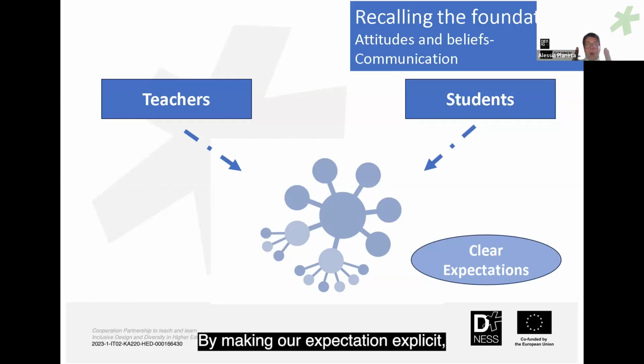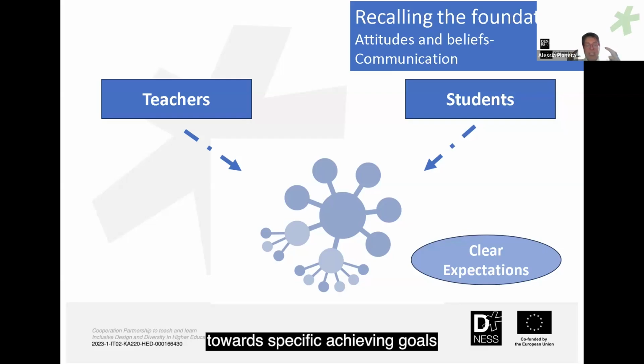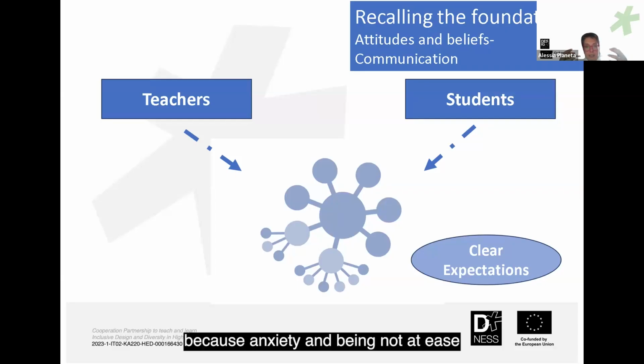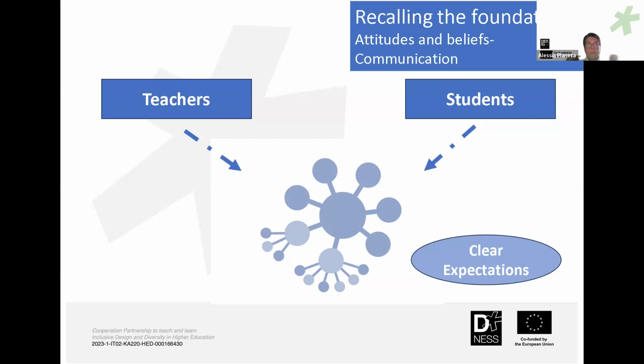By making our expectations explicit, all students will be better placed to work towards specific goals and will be more at ease, because anxiety and not being at ease are key factors that impact on the quality of learning.